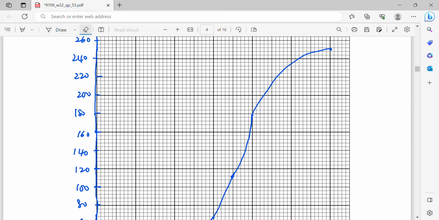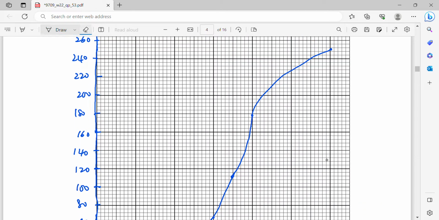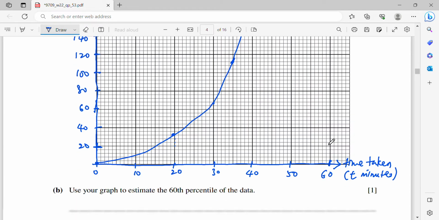Okay, it's not so smooth, so please draw a smoother graph than mine. Okay, now the graph is done.